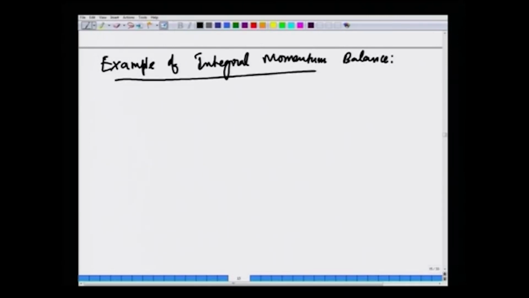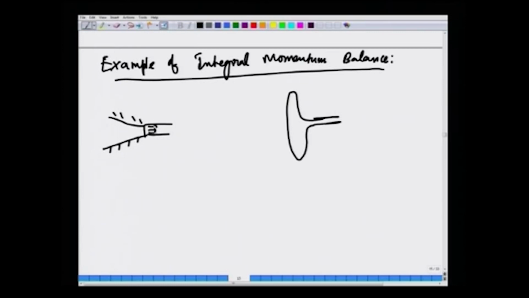Imagine you have a solid surface, of which I am drawing just a cross section, a solid surface like this, and far away there is a nozzle from which fluid is ejecting. There is a jet of water that is coming out, and it impinges on the surface which is at a distance. So, this jet of water comes and flows like this.